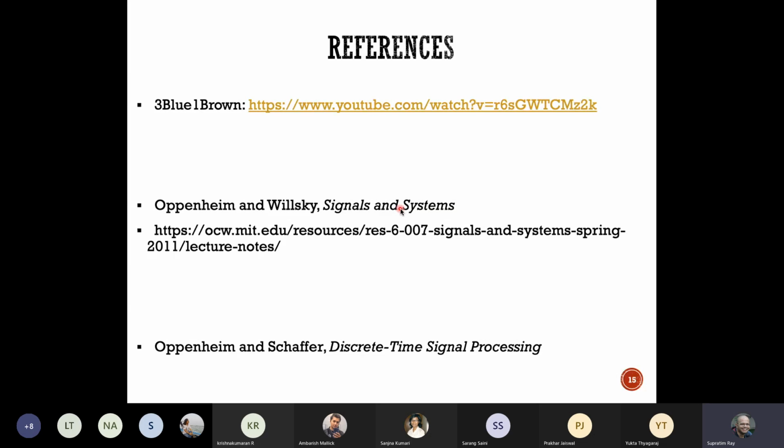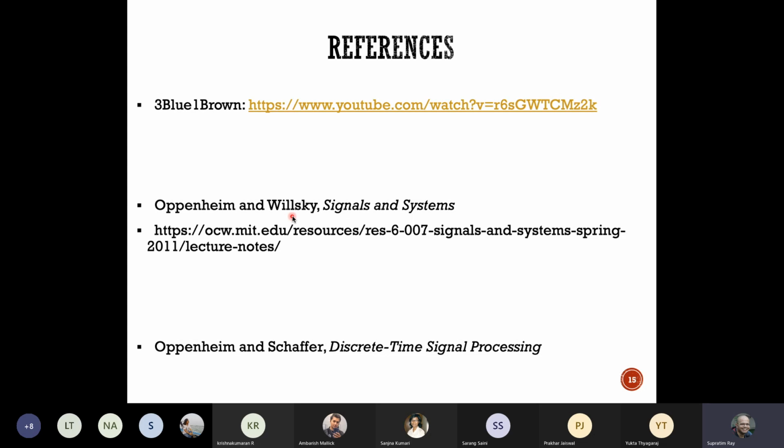When it comes to Fourier analysis, there is one resource which is great, and in most places that I know of, the same set of books is referred to. It's just one person, Oppenheim, who has written these books.